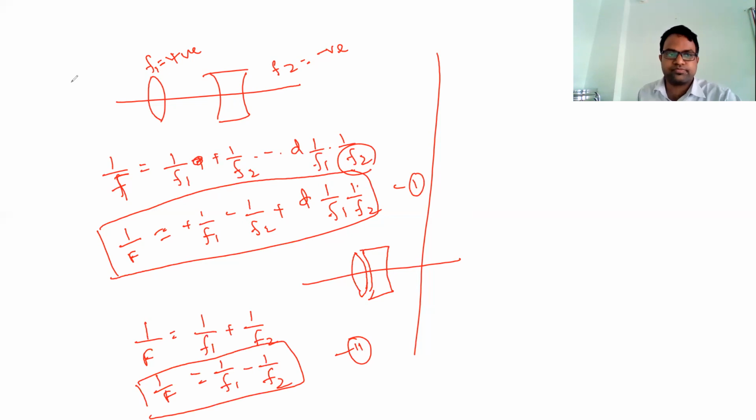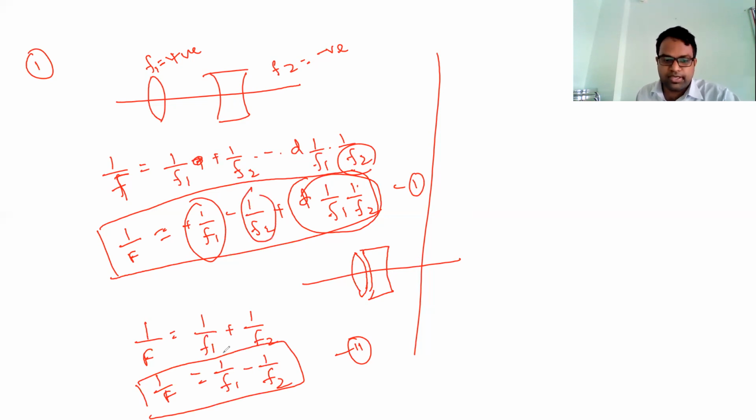You see that in the first case, when the lenses are separated by a distance d, we have 1 by f1 minus 1 by f2 plus some extra number. These two terms, 1 by f1 and minus 1 by f2, are common for both, but here one extra term is there.